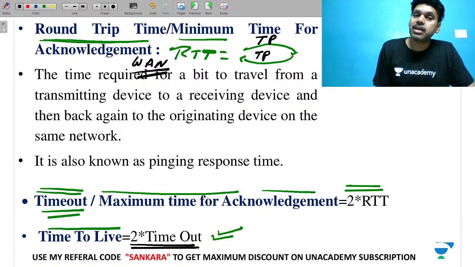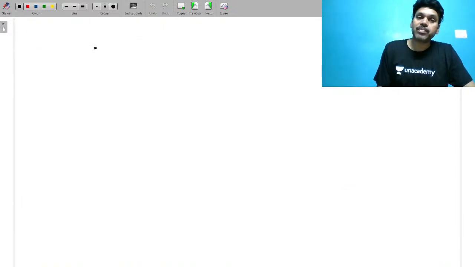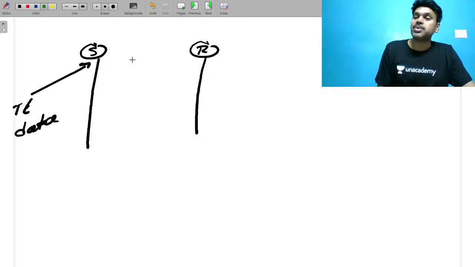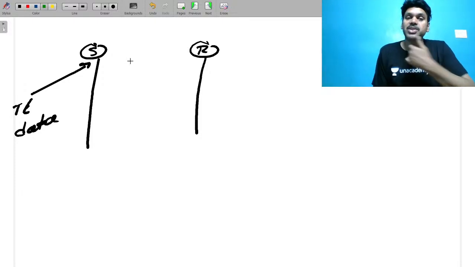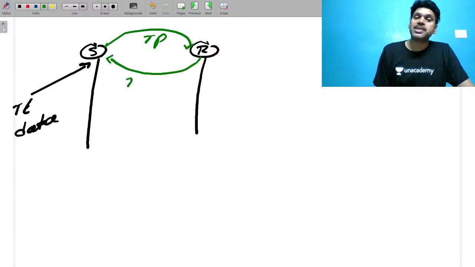So what is the round trip time or response time? Please understand. Here is the sender, here is the receiver. The sender places the data onto the medium using TT for data, and then the message takes time to make a physical journey from one end of the medium, and from the other side the acknowledgement comes to this side.